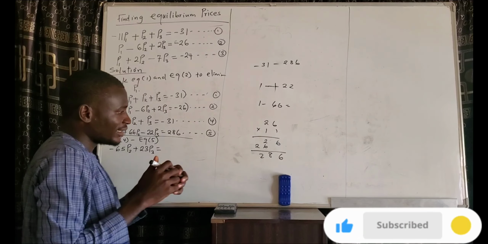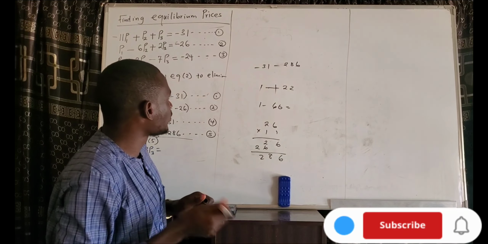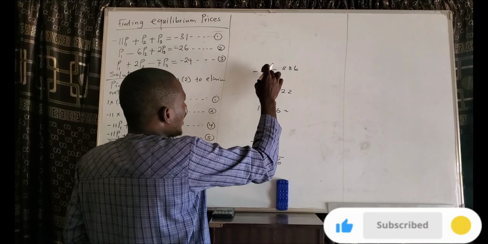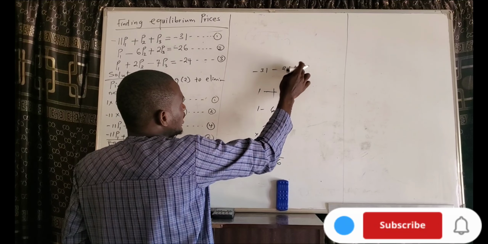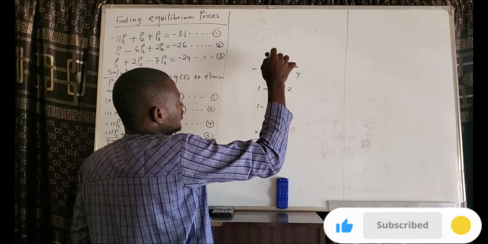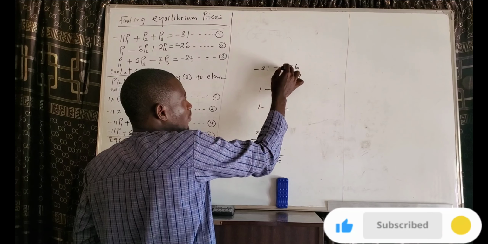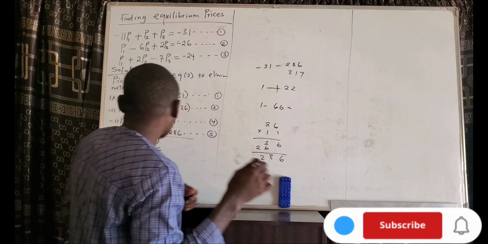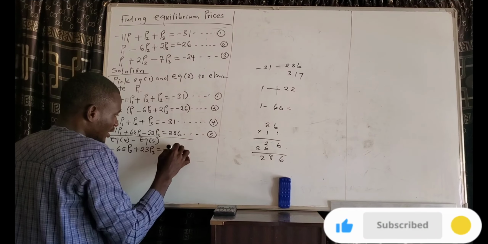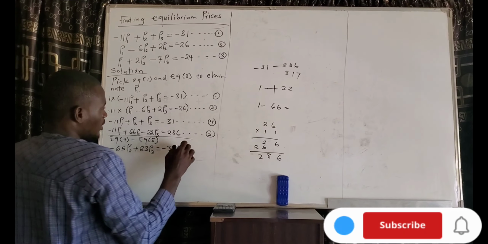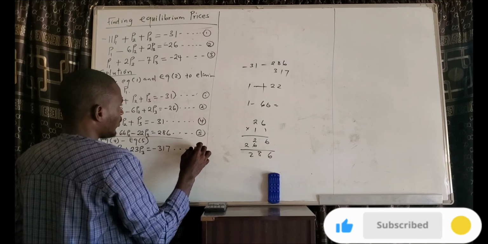When the two signs are the same, you add: 1 plus 6 is 7, 3 plus 8 is 11, write 1, carry 1, which gives 3, 1, 7. This gives us equation 6.